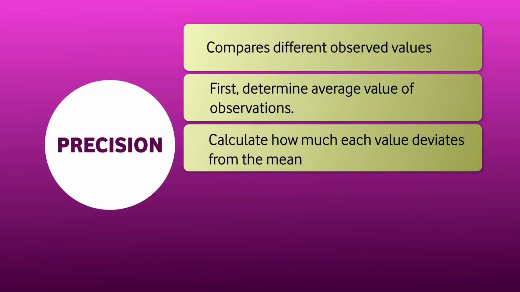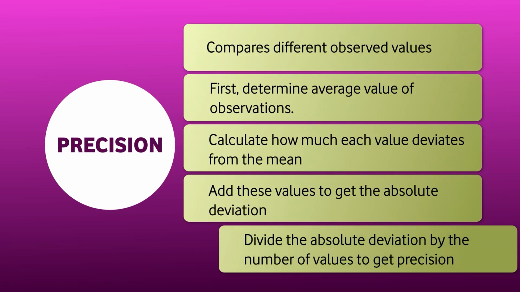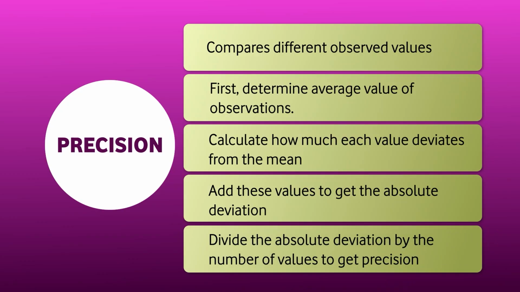For precision, we take the average of it. Then we calculate how each value deviates from the average. All these deviations we add together and we get the absolute deviation. That absolute deviation we divide by the number of values to get the precision.